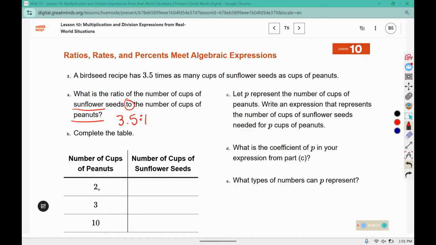So if we had 2 cups of peanuts, we would double it, and 3.5 doubled would be 7 cups of sunflower seeds.